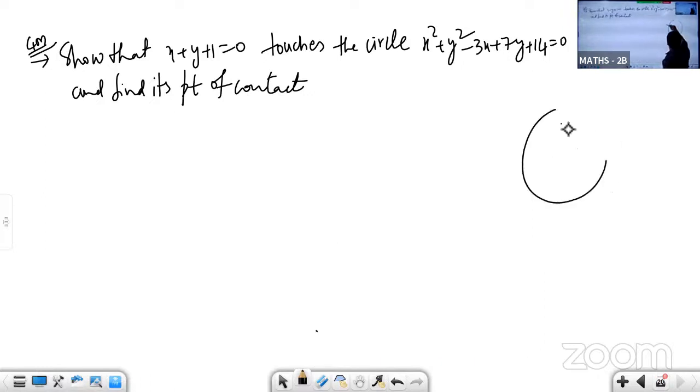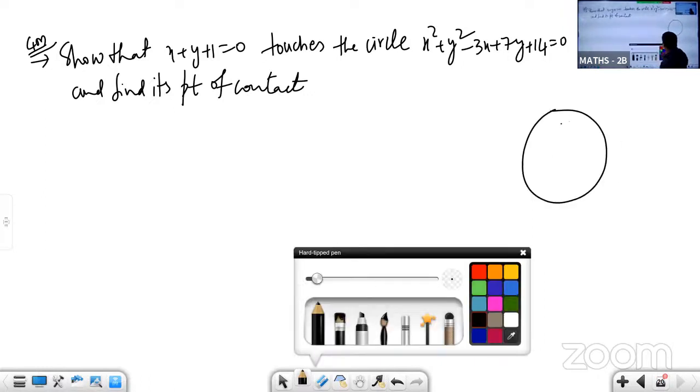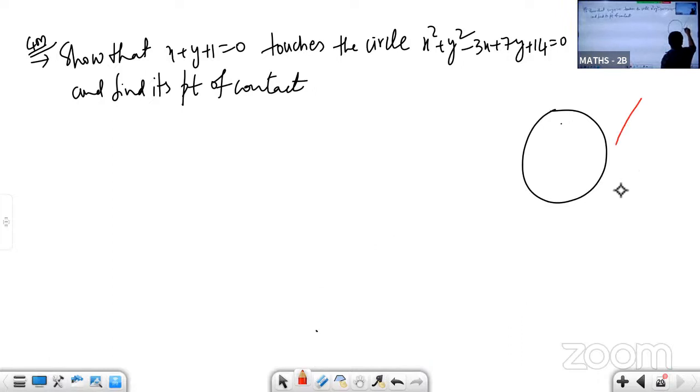suppose this is a circle, it is asking whether it is touching or not. Whenever it is touching, your radius will be equal to d, where d is nothing but the perpendicular distance. So let us check whether r equal to d or not, if at all it is touching.